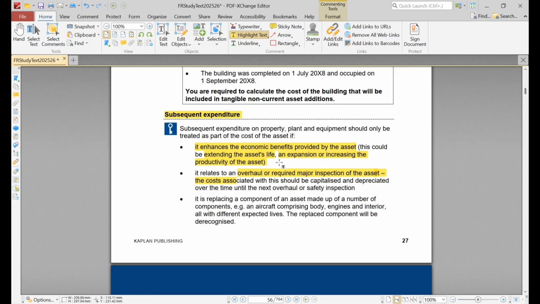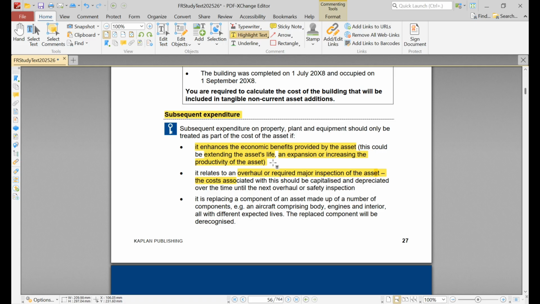You should get more economic benefits from the asset. Now, if the useful life is increasing, obviously you would be able to use the asset more and get more benefits. So that is a form of enhancement. Or if you're expanding or increasing the productivity of the asset. For example, if you have a 2 BHK house and you're making space to incorporate another room, that would be enhancing the asset, because if it is put on rent, you would be getting extra rent from it.